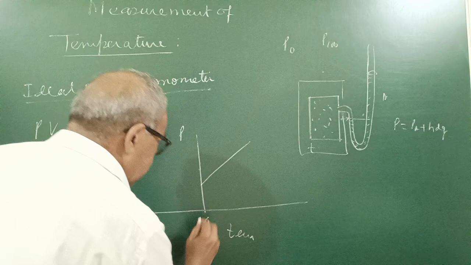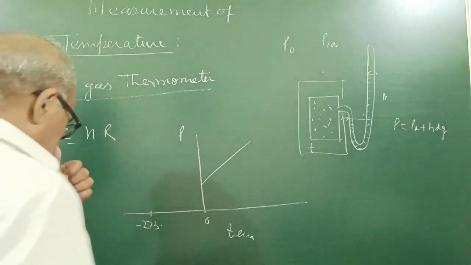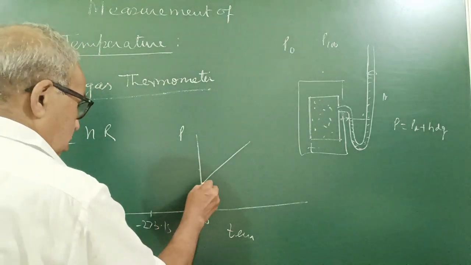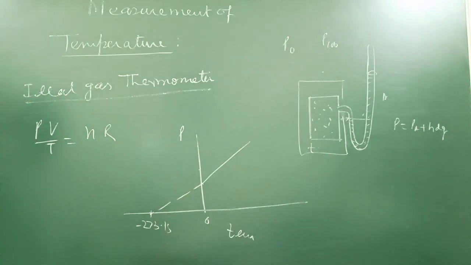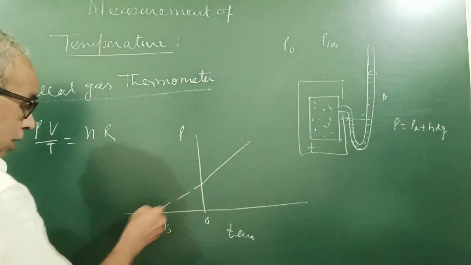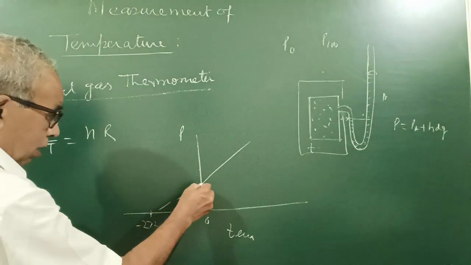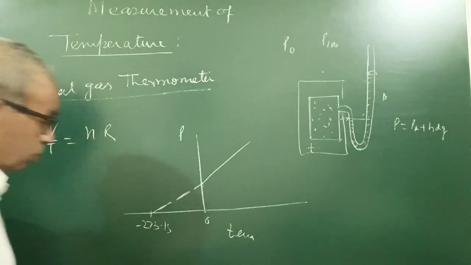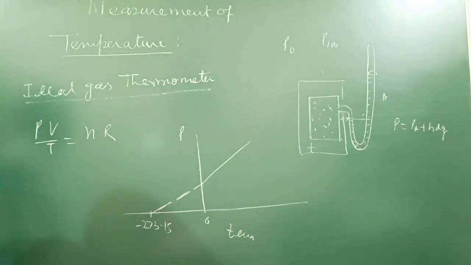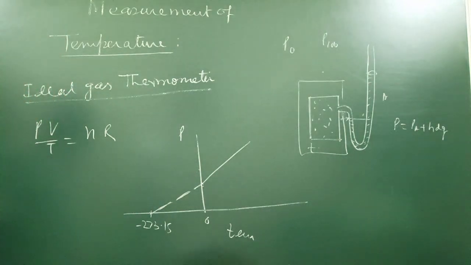At 0 degree centigrade, it is minus 273.15 if we produce it back, where pressure appears to be 0. By extrapolating, or extending the graph backward, we get this temperature. But the fact is that before reaching this temperature, every gas gets liquefied. It is imaginary, hypothetical.